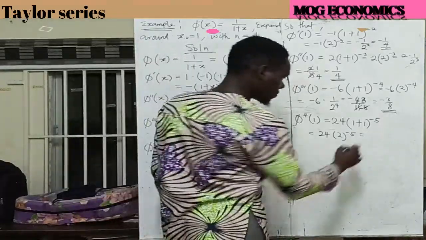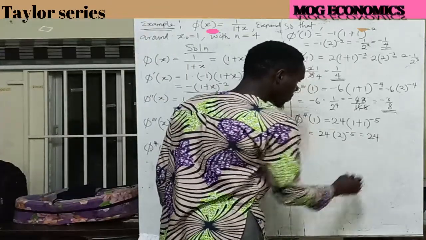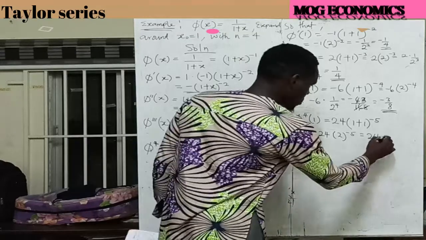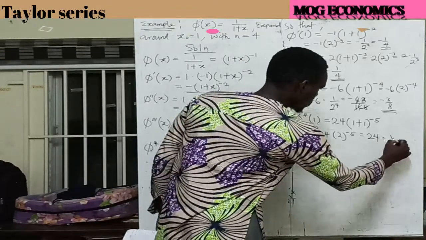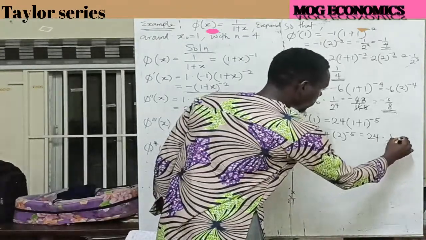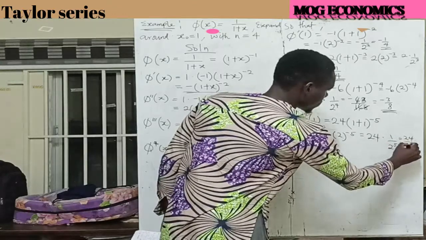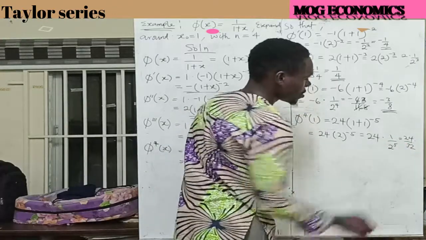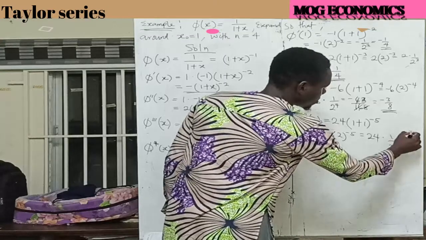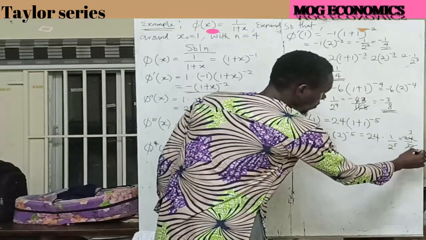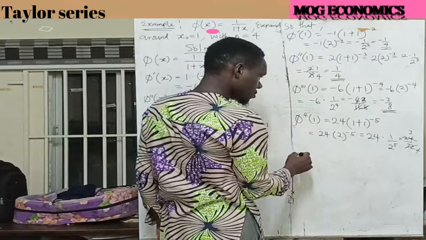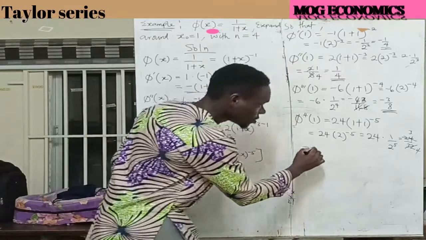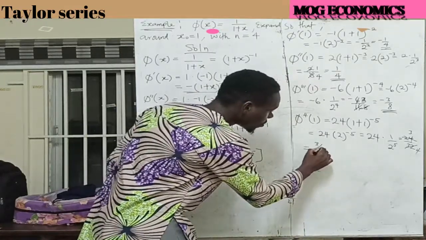So here we have 24, 1 over 2 raised to the power of 5, and we have 24 over 32. So here we have 8 into 24 is 3, 8 into 32 is 4. So that will be 3 over 4.